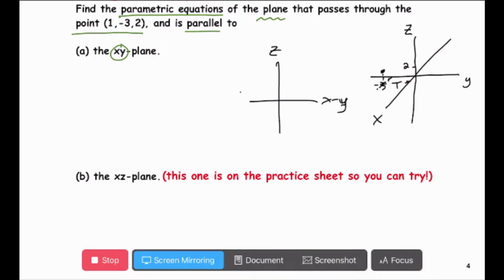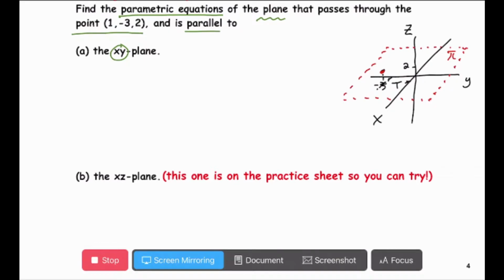Let's sketch that in our three-dimensional view here. So it's going to contain this point right here, and it's basically floating above our XY plane because it's parallel to it. And remember, parallel just means it's never going to intersect.